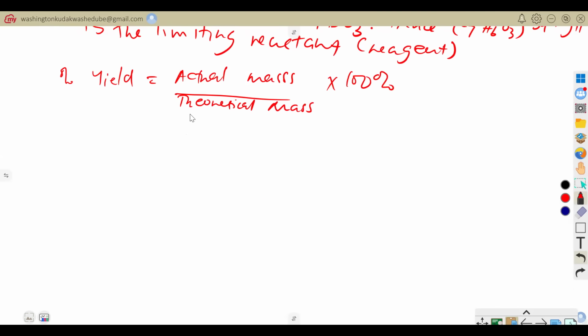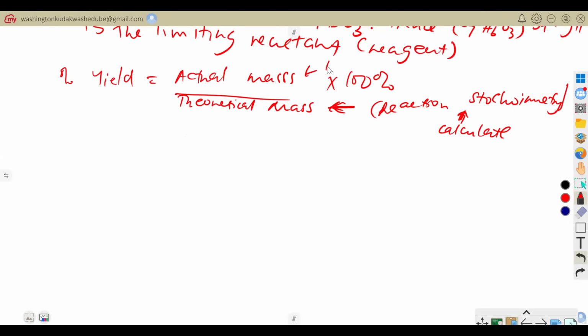And then we know that theoretical comes from the reaction stoichiometry. So when we say reaction stoichiometry, we calculate this from the reaction, while the actual mass is the one that is given, where they said 11.5 grams. So what we now need to do is to calculate the theoretical mass that will be produced.